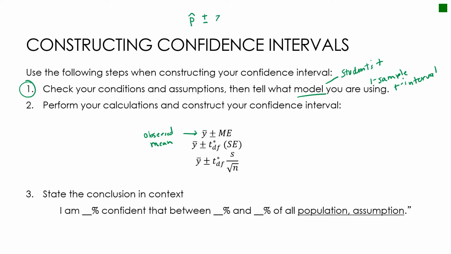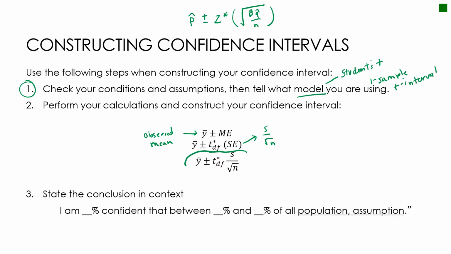Last week I had a z star because I was looking for a critical value for the Z model or normal model, and notice this time I have a T star for a certain number of degrees of freedom, and previously I had the standard deviation, or excuse me, the standard error, which was the square root of p hat q hat over n, and this week I have the standard error, which is s over radical n.